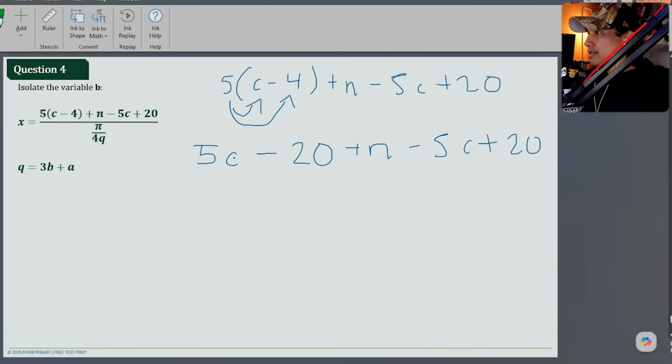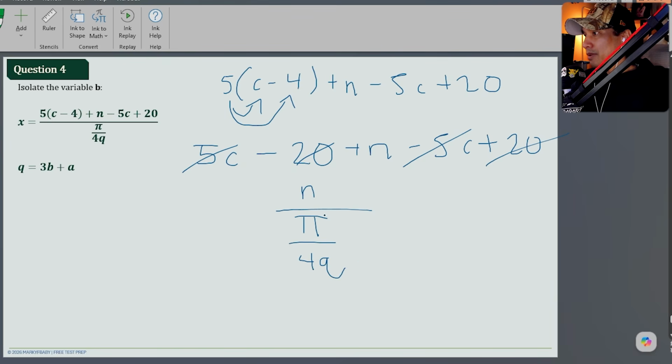At first glance, what can I do? Well, we have a positive 5c and we have a negative 5c. We could cancel these terms out. And then also, we have a negative 20 and a positive 20. Cancel these out. And we're just left with n on the numerator. So it's n and then pi over 4q.